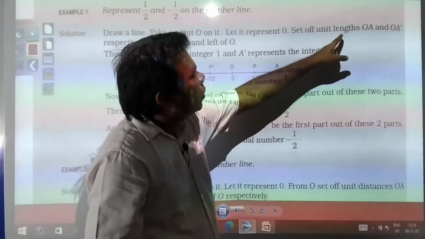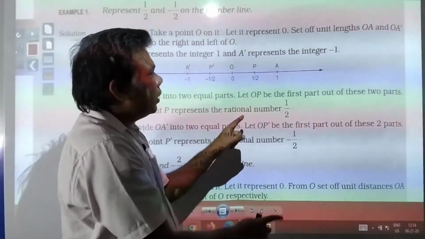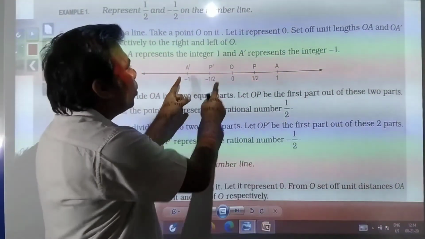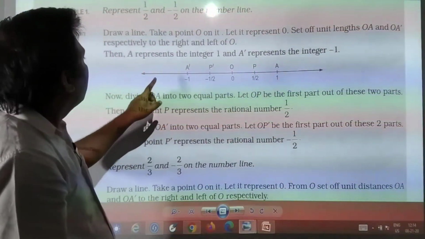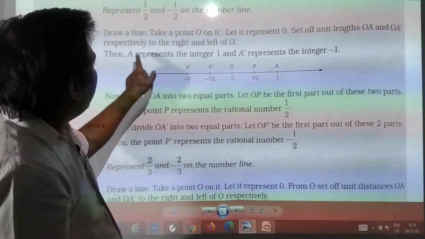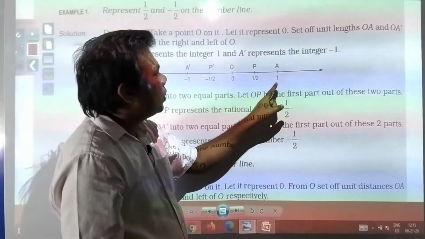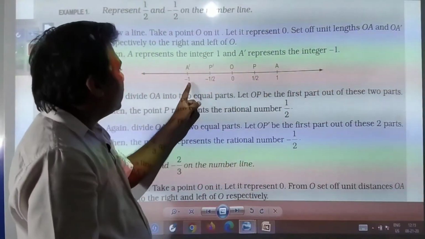Set up unit lengths OA and OA dash. Whatever length you have taken for OA, the same length is taken for OA dash. Then A represents the integer 1 and A dash represents the integer -1. Suppose you have taken this as 1 and this as -1.